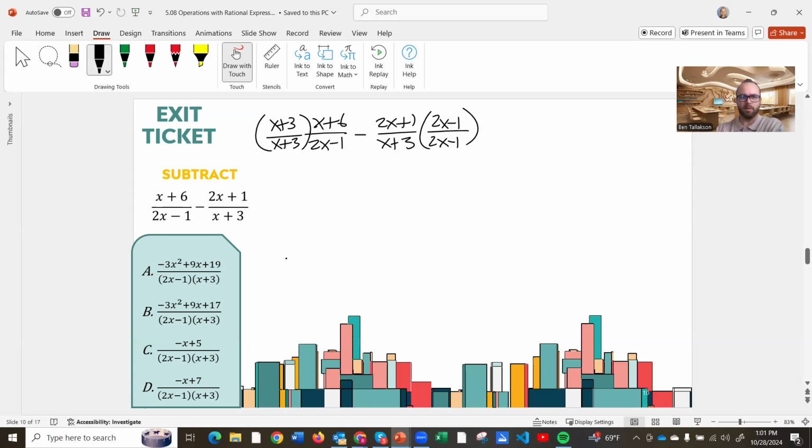So what do we have on the left? Let's see. We have x plus 3 times x plus 6. You guys should be experts at the box method by now, by the way. We do it all the time.